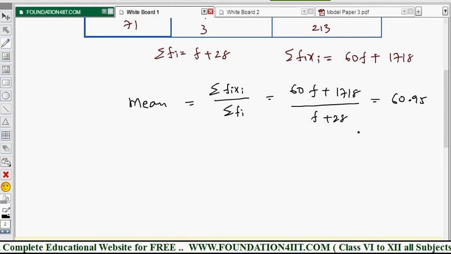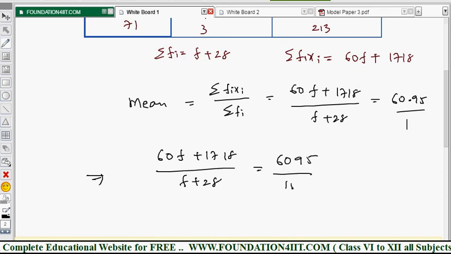Just simplify this. 60.95 is divided by 1, and do cross multiplication. To make a simple equation, 60.95 converted into a fraction is 6095 by 100. So 60f plus 1718 by f plus 28 is equal to 6095 by 100.